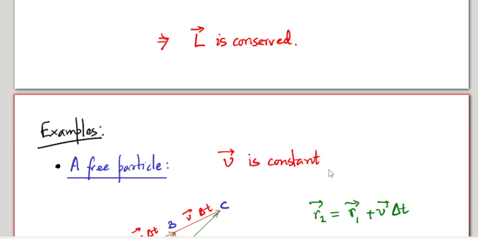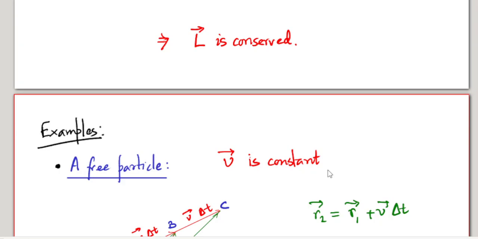Remember once again that we are assuming that this is an inertial observer who is doing the observing. So the free particle, a particle on which there is no force, will move with 0 acceleration. Now, according to our result that we had proven a while ago, on a free particle, the torque of course is 0, there being no force. r cross F has to vanish, and therefore L must be conserved.